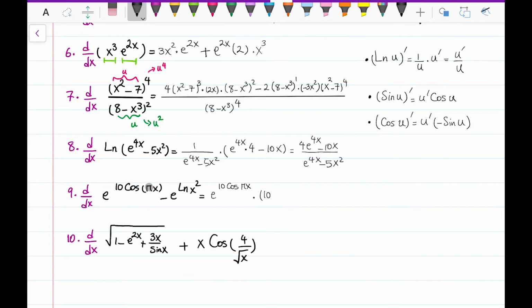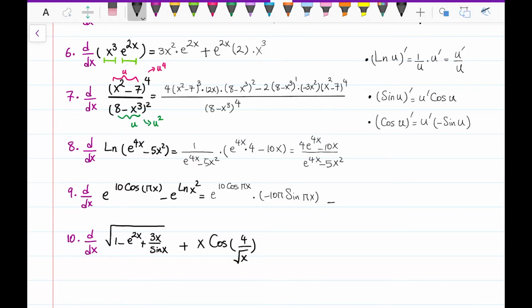Derivative of that would be derivative of the inside function, which is just the number times x, so the number pi, times derivative of cosine, which is negative, so negative 10 pi times sine. When I want to write the angle for the sine, I just write the angle that I have in the original function.